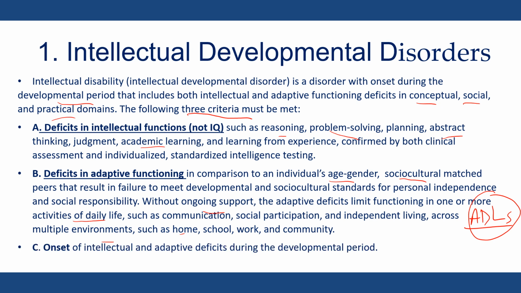And then the third criteria is the onset. It has to be during the developmental period. I think this is very, very important. For example, let's say you have a 12-year-old male who presented with all of a sudden some kind of a deficit in adaptive functioning, unable to maintain ADLs, or perhaps all of a sudden issues in academia or abstract thinking, but previously that child had mastered that stage.